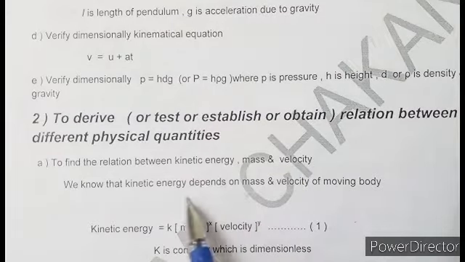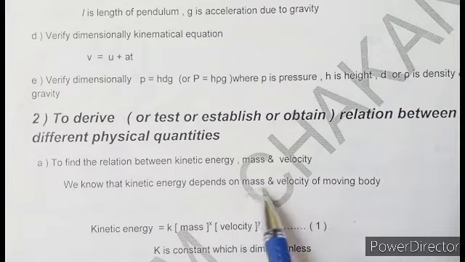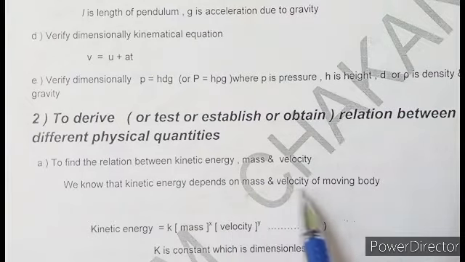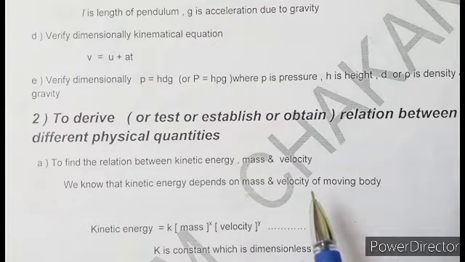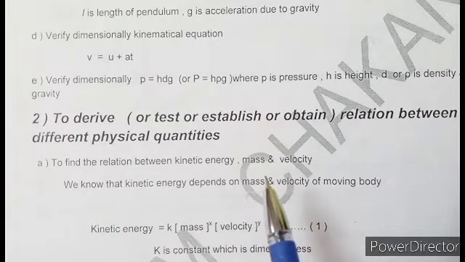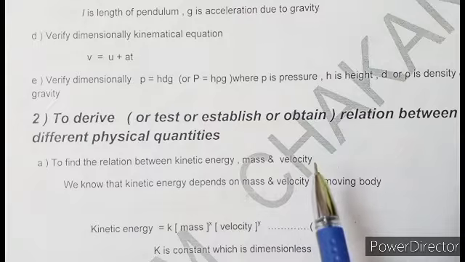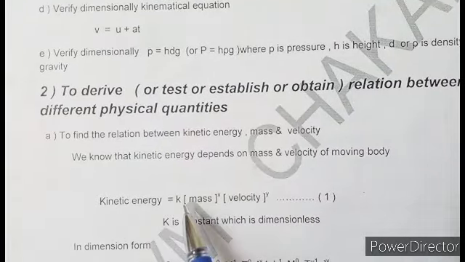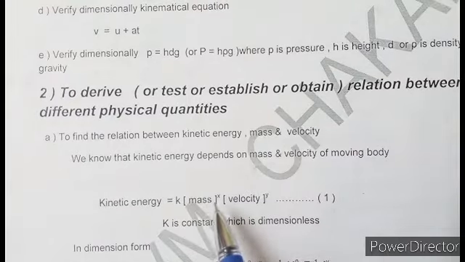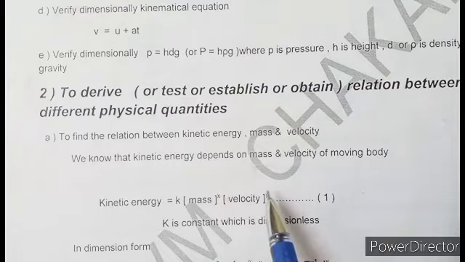We know that kinetic energy depends on the mass and velocity of a moving object. So we write the equation: kinetic energy is equal to some constant k, inside the bracket mass raised to x and velocity raised to y.